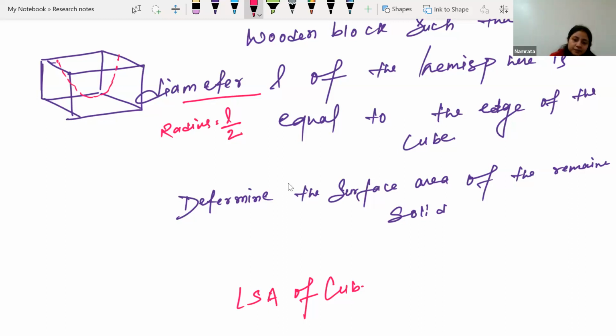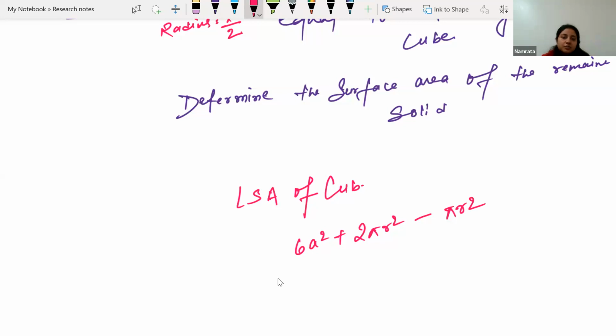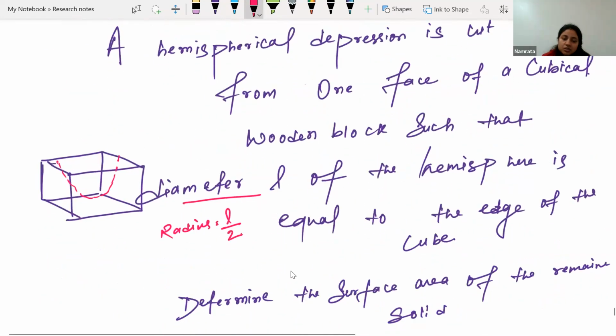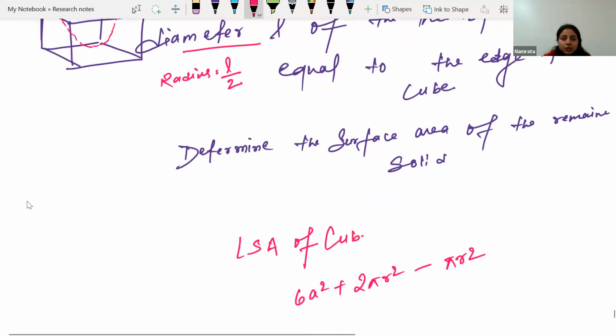Yes, exactly. So basically we have to do 6a square plus 2 pi r square minus pi r square. Here r and a we have to see according to the given condition: the radius is L by 2 and the diameter L of the hemisphere equals the side, so the side has length L only. Yes, ma'am.